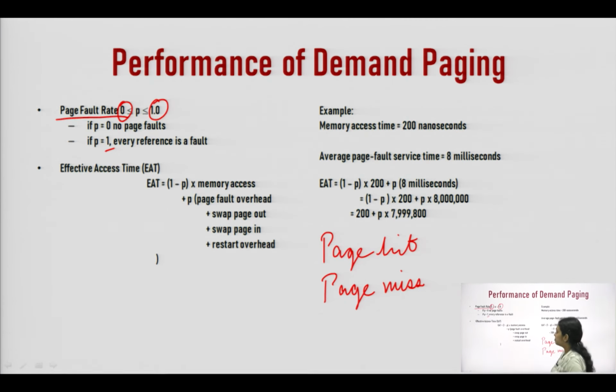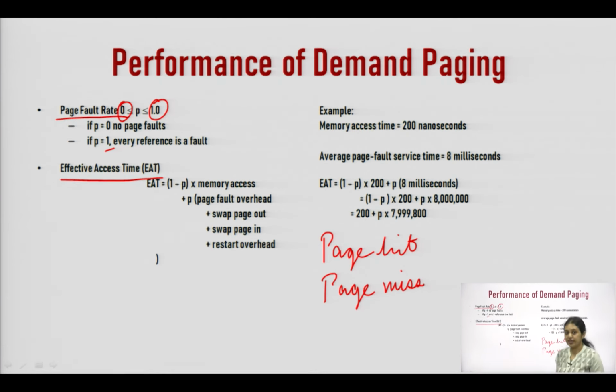Then another term that we use for calculating the performance of demand paging is effective access time, EAT. EAT is calculated using the page fault rate, the memory access time, and the average page fault service time.